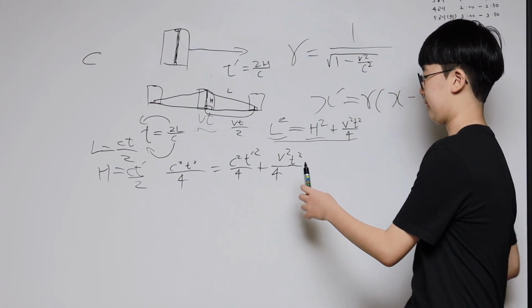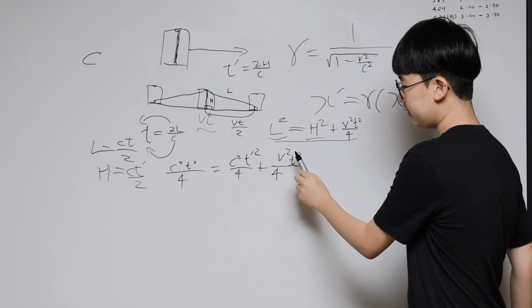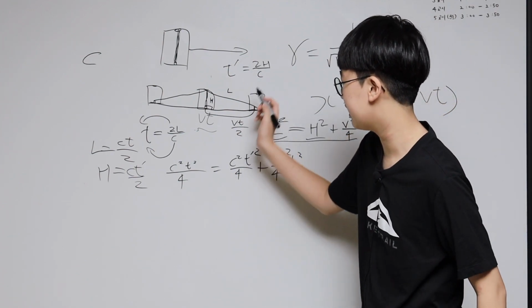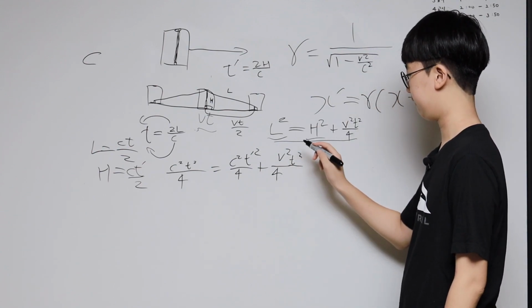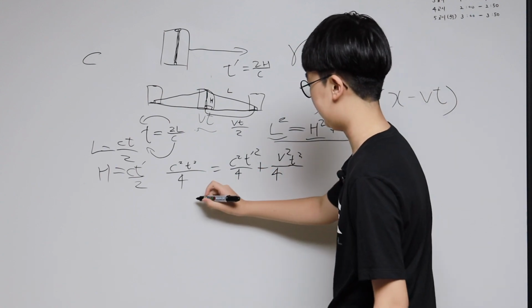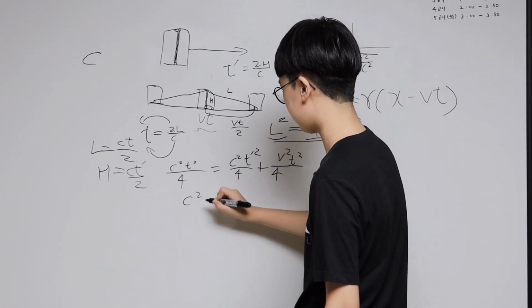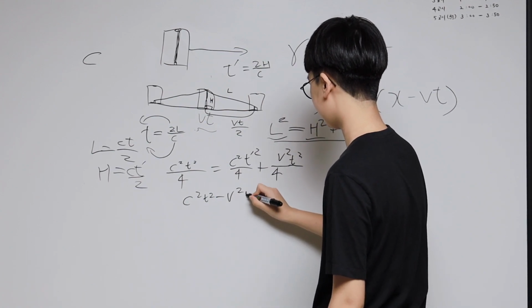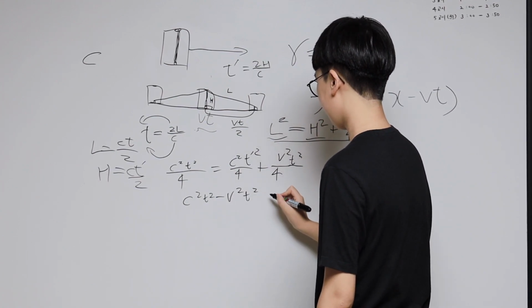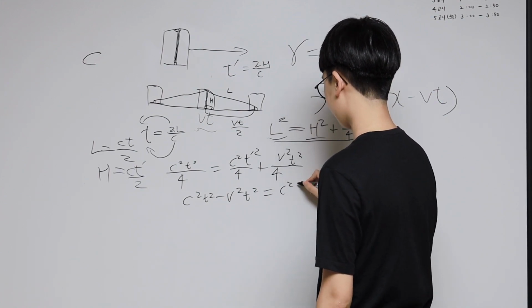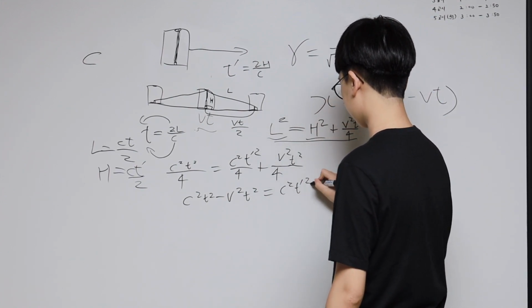And we move this over here by subtracting this v squared t squared from both sides, and now we get c squared t squared minus v squared t squared equals c squared t prime squared.